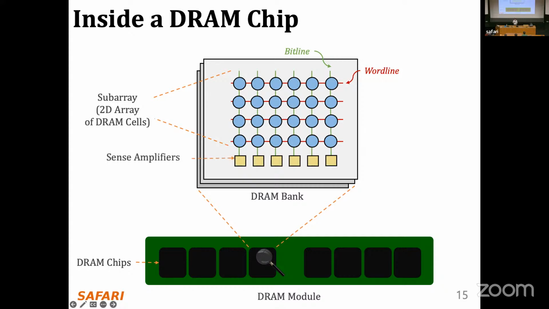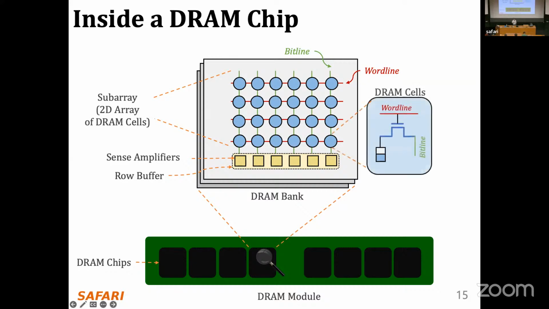The bit lines are connected to a differential sense amplifier, and a collection of these sense amplifiers is called a row buffer. In current DDR4 memory devices, for example, we have around 65,000 of those sense amplifiers in the DRAM subarrays. A DRAM cell itself is composed of a storage capacitor and an access transistor.